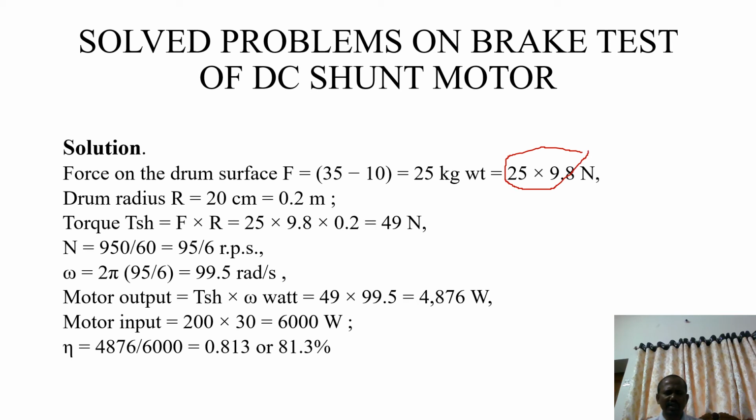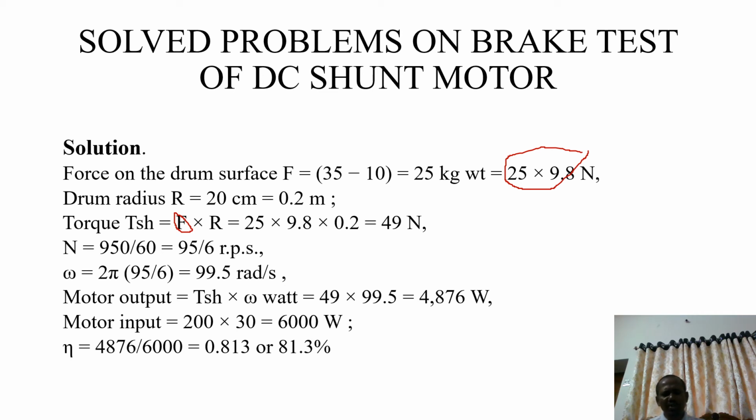So here, substitute at this point, get the equivalent value, and you will get 25 by 9.8, and drum radius is 0.2 meters, which is equivalent to shaft torque of 49 newton-meters. The speed is given as 950 revolutions per minute, converted to revolutions per second, that is n is equal to 950 by 60, which is equivalent to 95 by 6 revolutions per second.